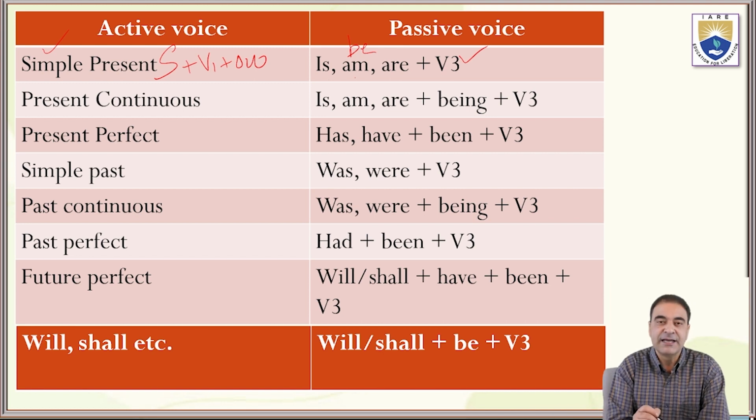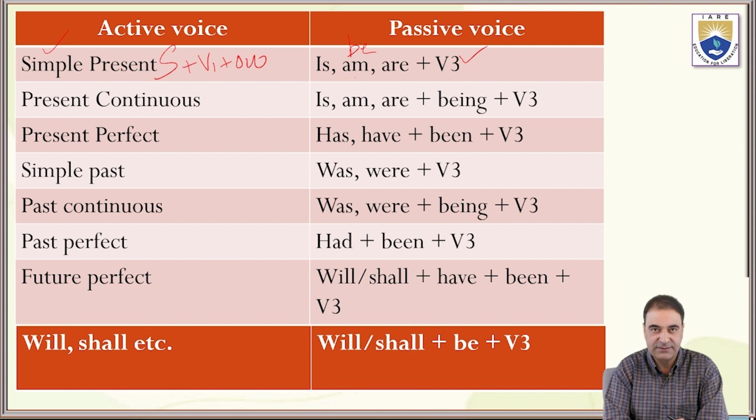Then we have the present continuous, and the structure of present continuous is subject plus is, am, are plus verb in ing form plus other words. And it will change into is, am, are plus being plus verb in third form. For every continuous tense, we use being. Again, this is present be forms of verb plus being plus verb in third form.